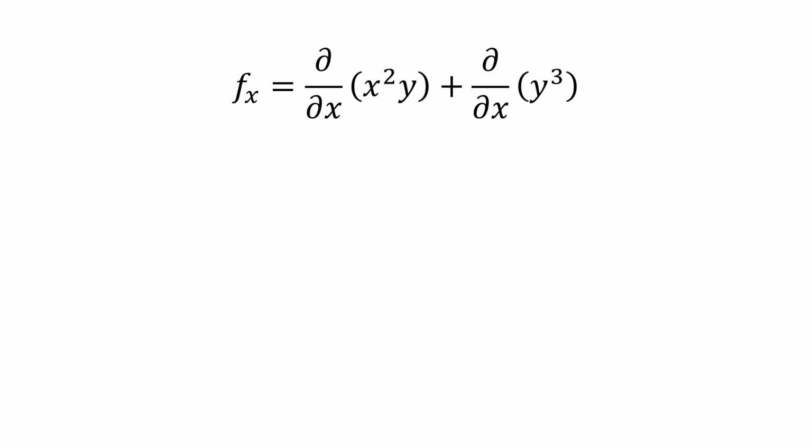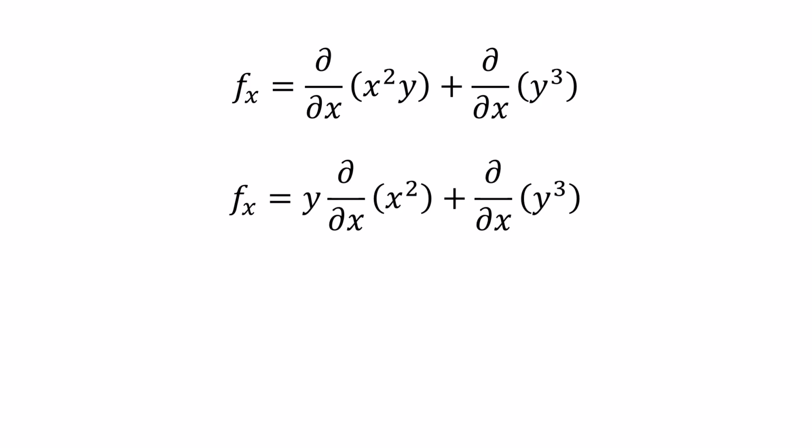Applying the constant rule, we get f_x = y d/dx of x² + d/dx of y³. Differentiating, we obtain f_x = y times 2x + 0.